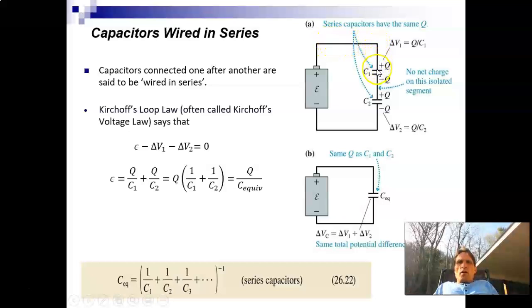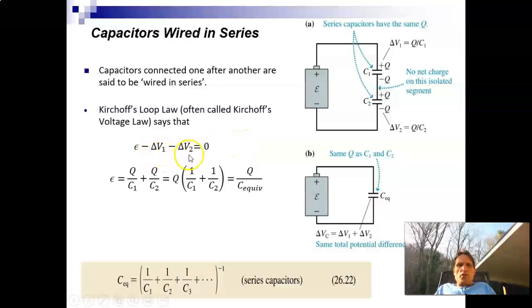Then we lose some voltage delta VC across the first capacitor because we're going positive to negative. We go to the second one, going positive to negative, so we lose potential there too. When we get back to the start, we have to end up with the potential we started with, so the sum around the loop is zero.